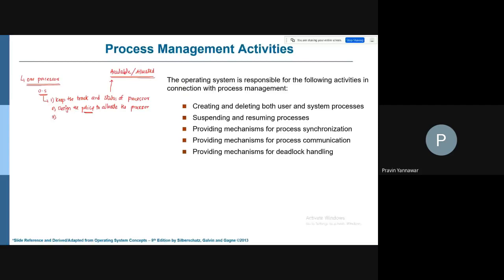Then third, allocation of the processor to the process. And fourth, release the processor.